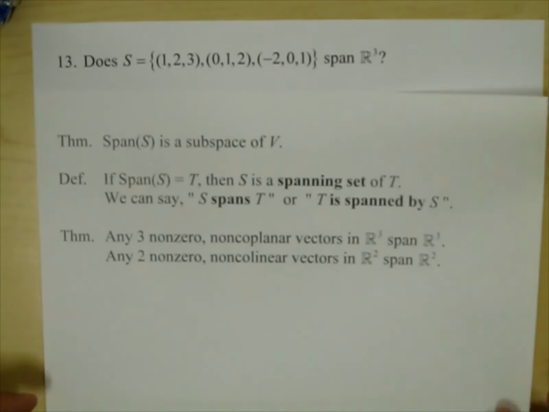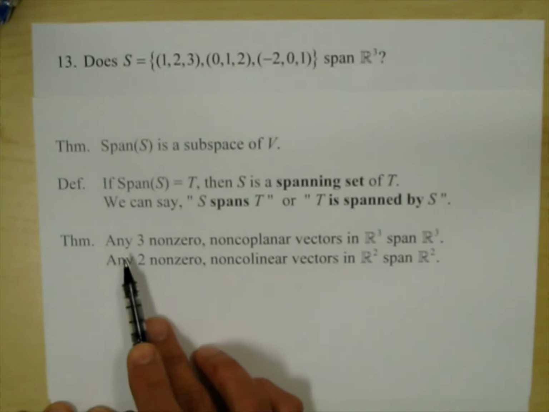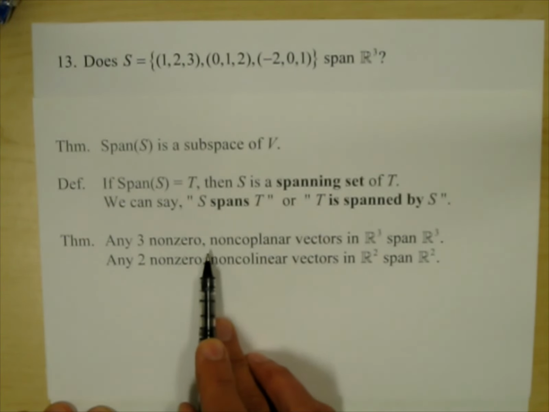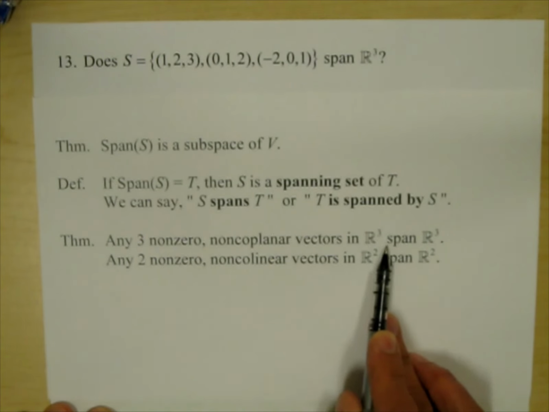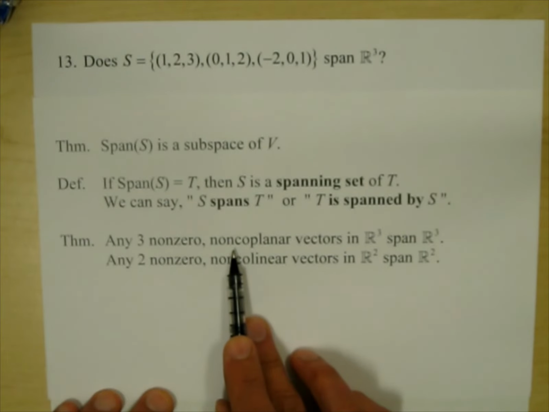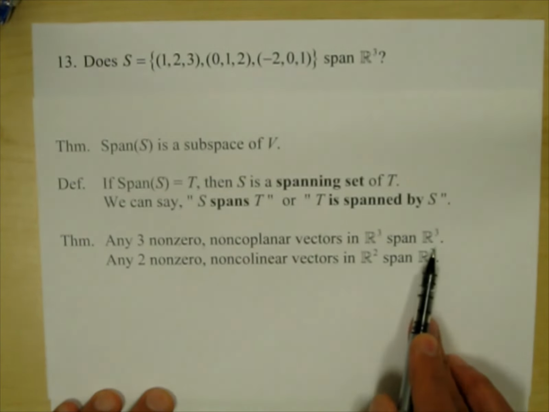let's put this theorem up here. We've already done that. Okay, any three non-zero, non-coplanar vectors in R3 span R3. So when they say non-coplanar, that means they don't lie on the same plane. So if we can show that these do not lie on the same plane, then they span R3.